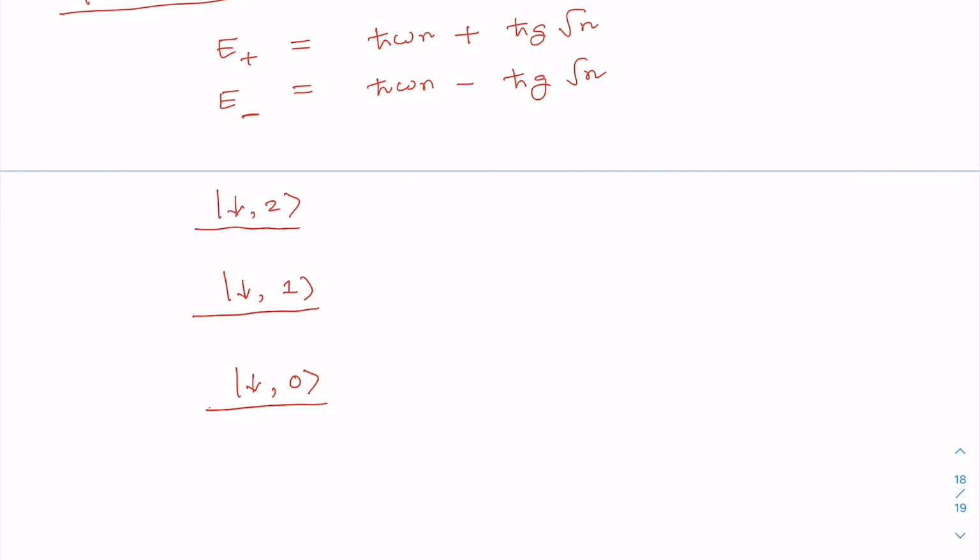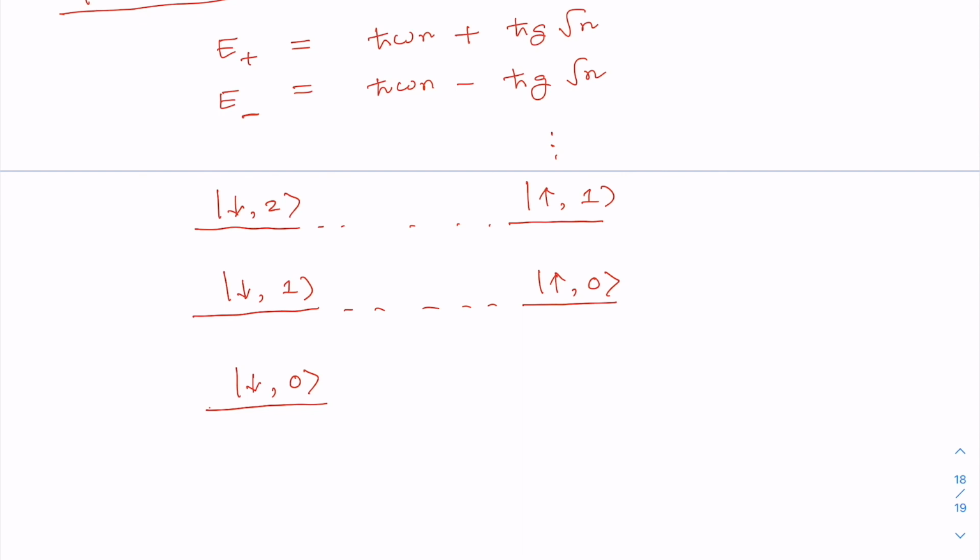Here I am talking about when there is no coupling: the atom in the excited state with no photon in the field mode. These lie horizontally because delta is equal to 0. Then the atom in the excited state, 1 photon in the field mode, and so on.